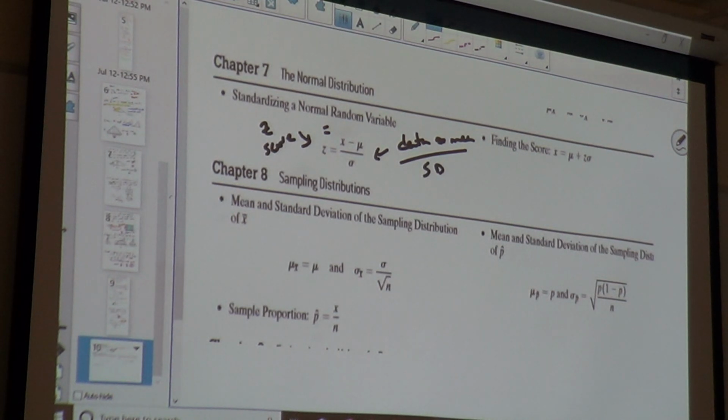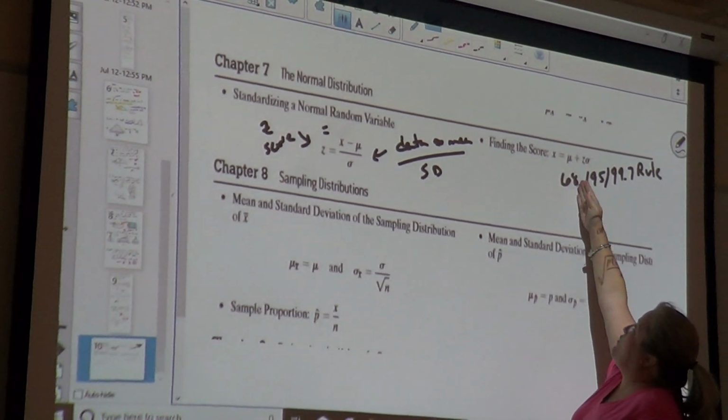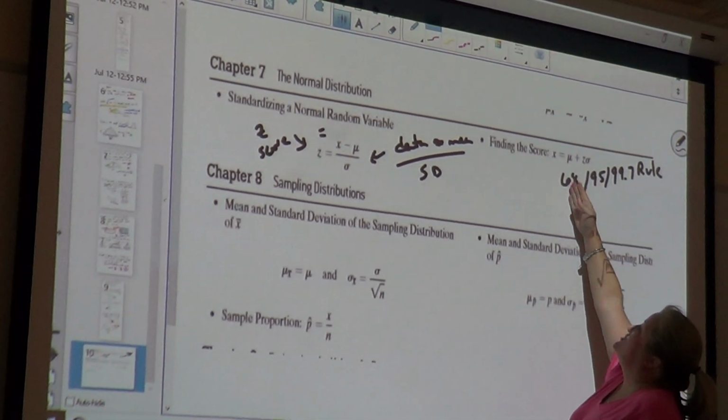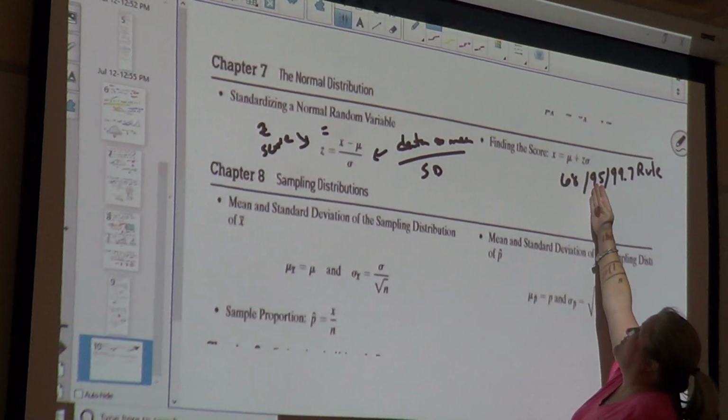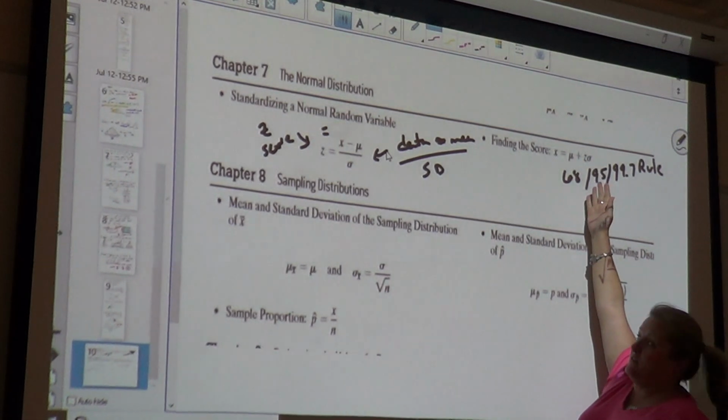This one is reminding you of what we did with the 68, 95, 99.7 rule. If you take your mean plus 1 standard deviation, your mean plus 2 standard deviations, that's really all that's saying.